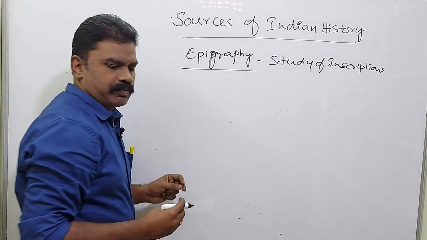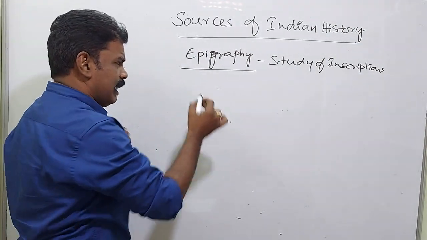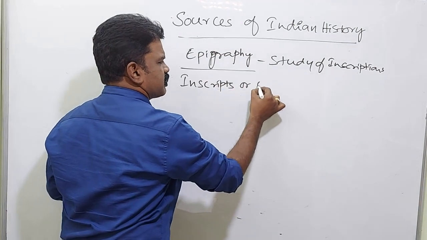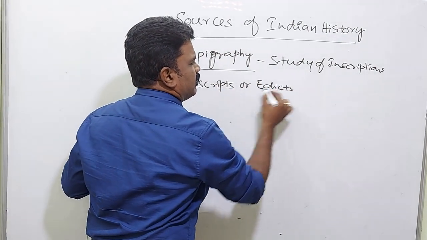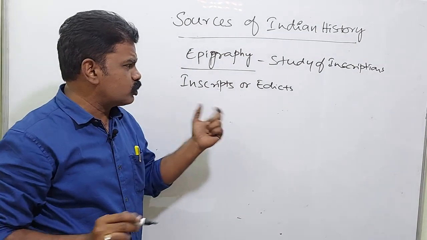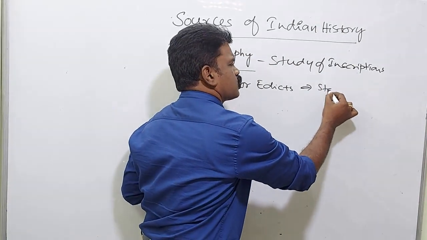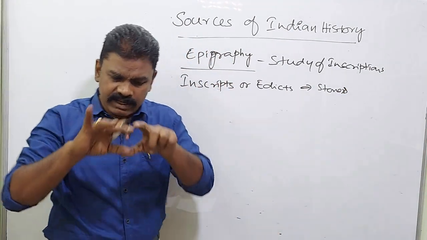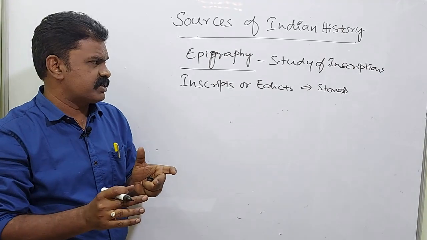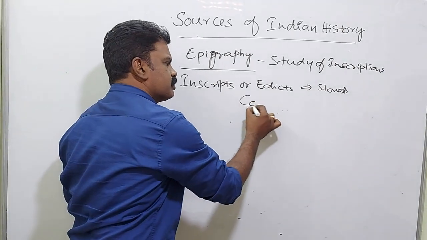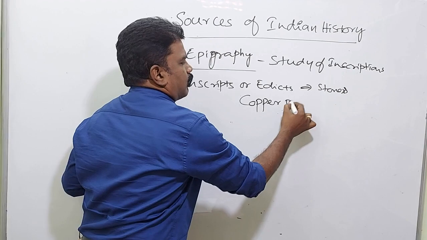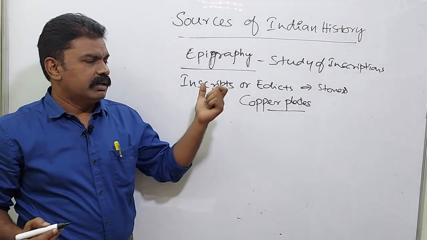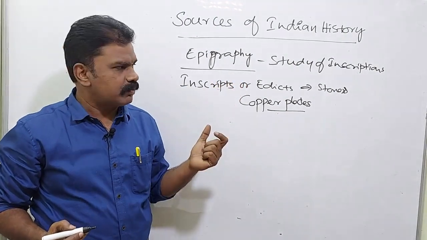What are inscriptions? Inscriptions are also called edicts. These are engraved on stones or any hard surfaces like metals, copper plates. We also used copper plates for the writing of edicts or inscriptions.